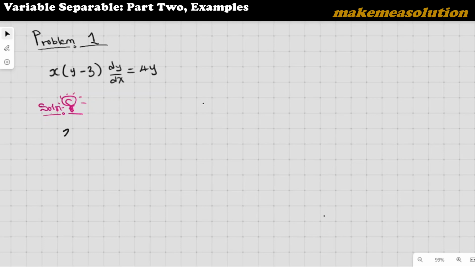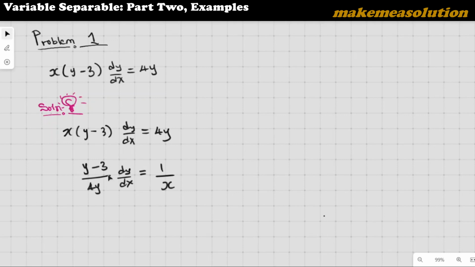So we're going to separate the variables. We have x(y - 3) dy/dx = 4y. You will all agree with me that this equation can be written as (y - 3)/(4y) dy = 1/x dx.